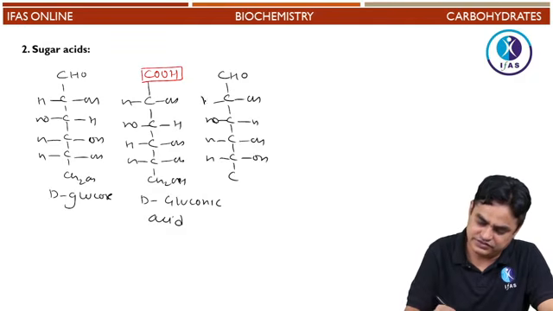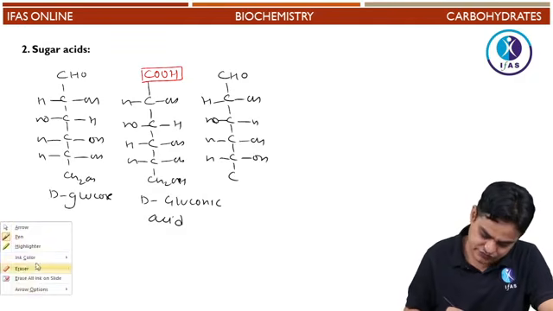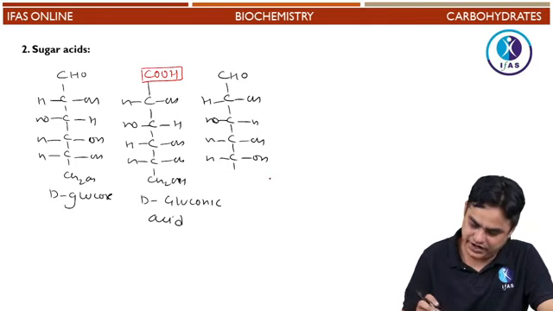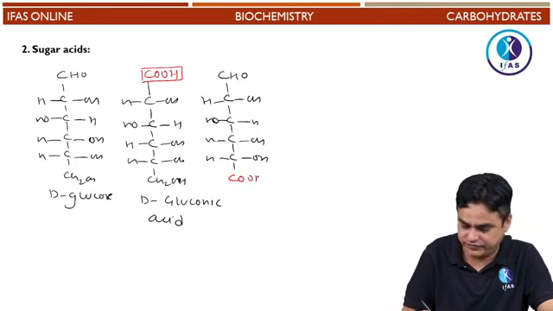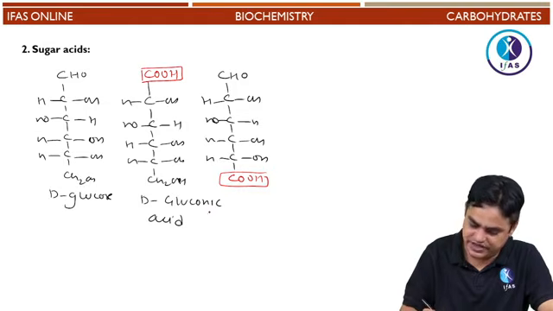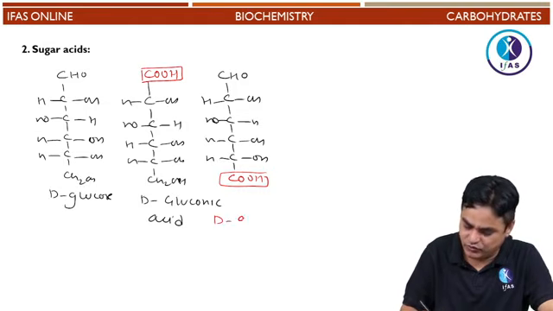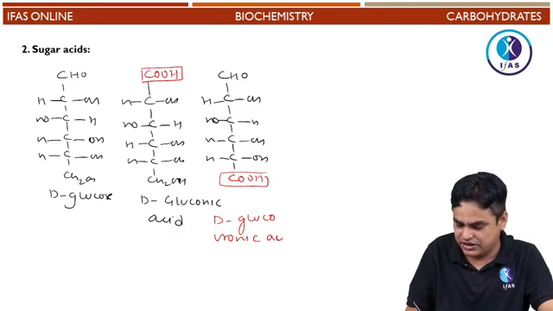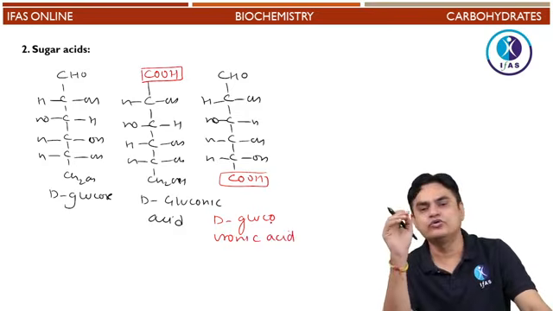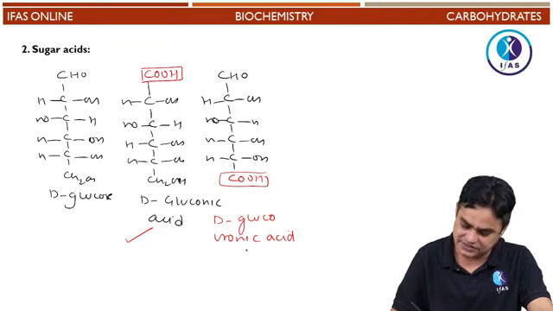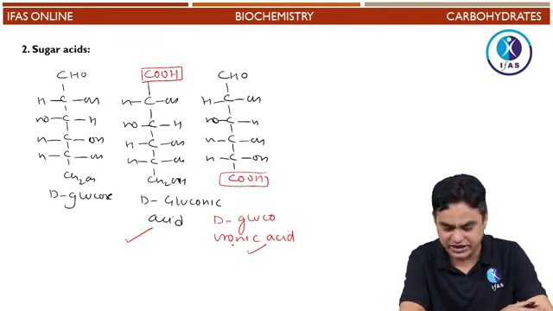Again, this is the structure of glucose, and at the 6th position, if you are having an acidic group over here, then it is referred to as D-glucuronic acid, or D-glucuronate. So D-glucuronic acid, D-gluconic acid.